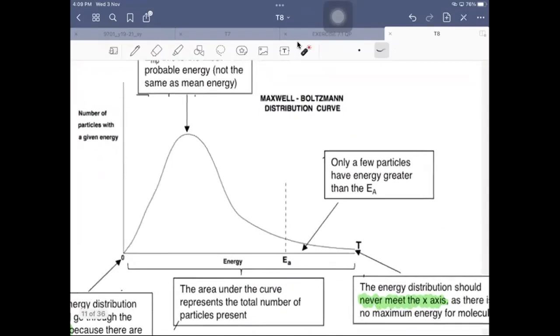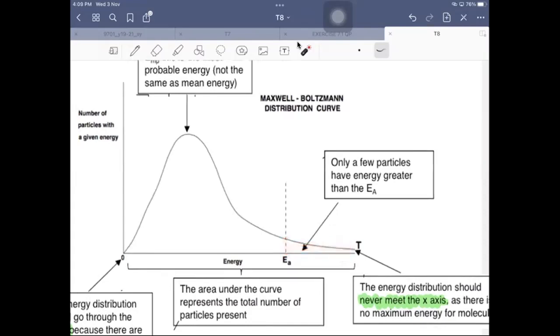So what this activation energy is saying, as we said just now, is that when molecules have energy exactly the same as the activation energy or above, bigger than the activation energy, they can react, or a reaction can happen.